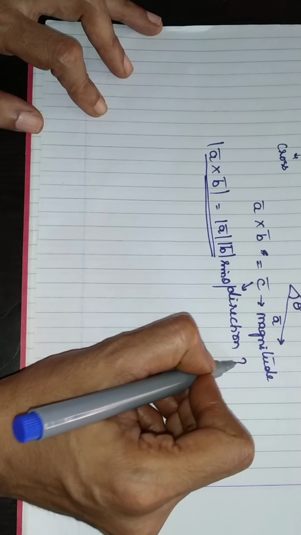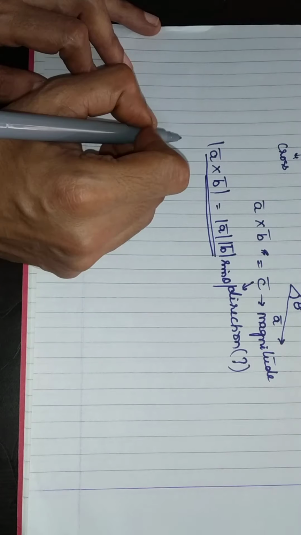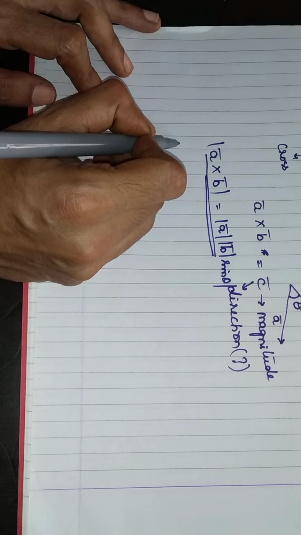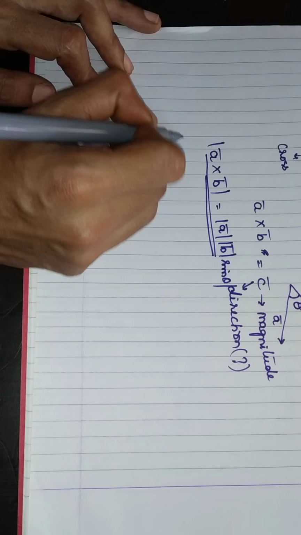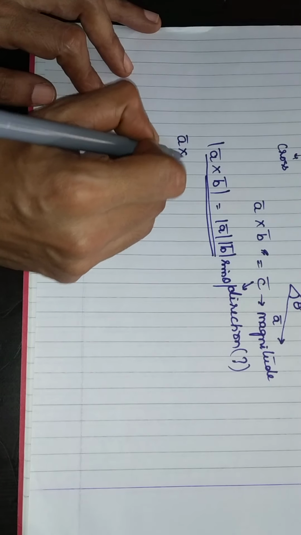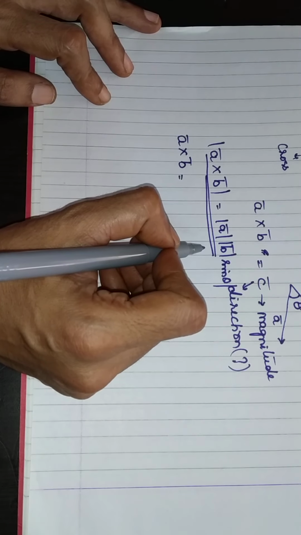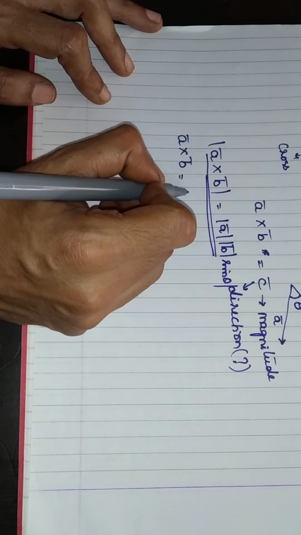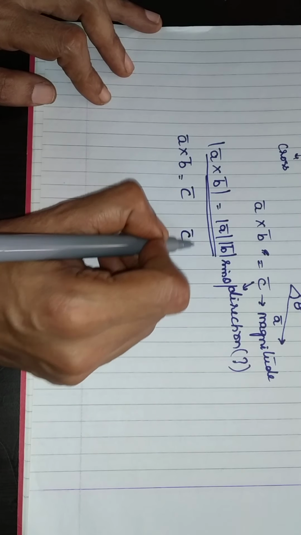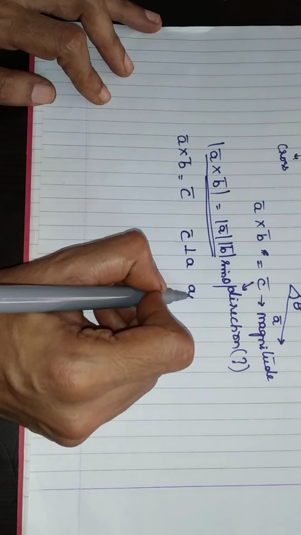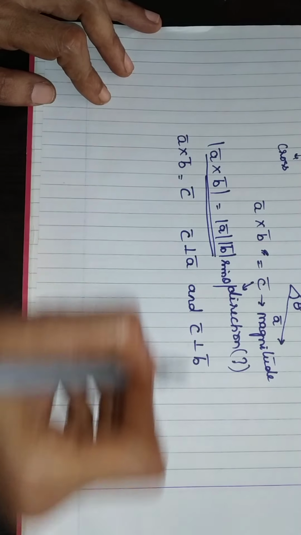Now what about the direction? The direction is another matter altogether. First of all, before going to explain further, understand this, that the vector when we say A cross B, this vector is perpendicular to both A and B. So if you have A cross B as a vector C, then we can say that C is perpendicular to A and also C is perpendicular to B, both the vectors.